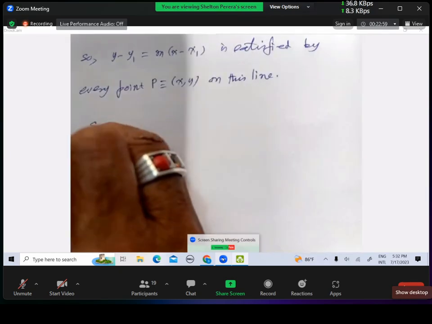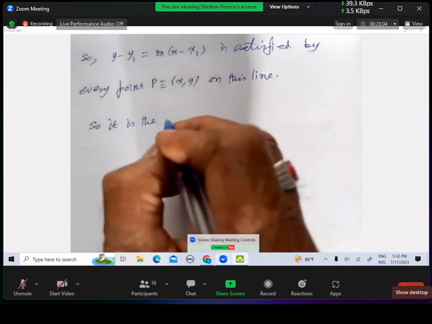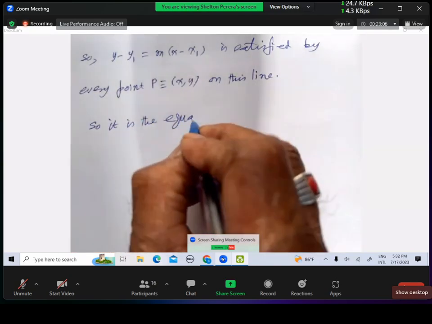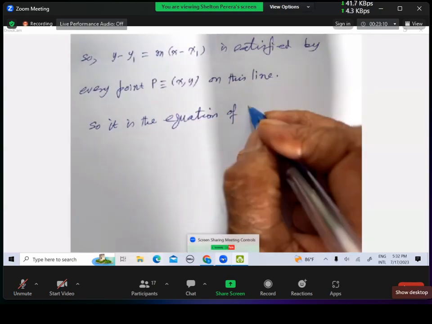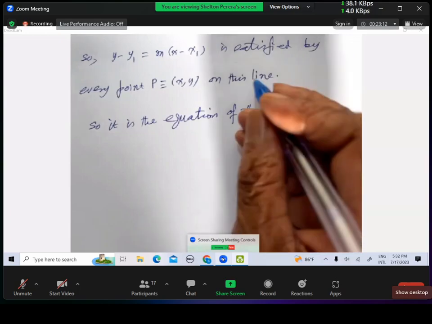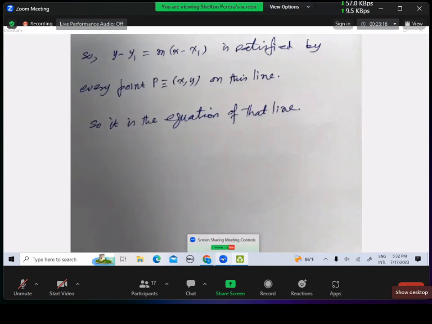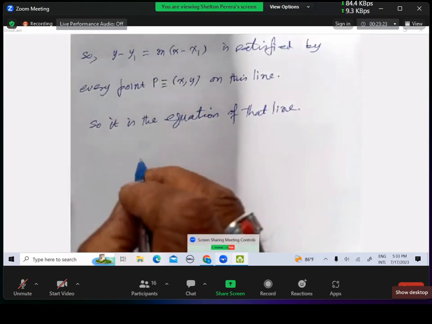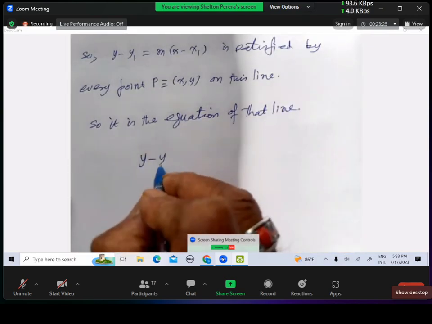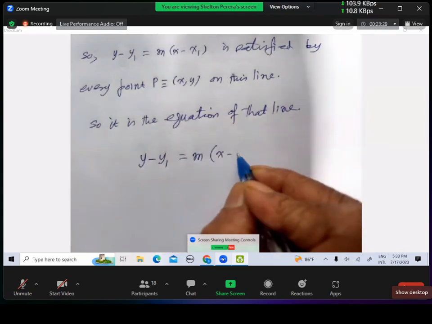The line with slope m and passing through the point with coordinates x1, y1 has the equation: y minus y1 equals m times x minus x1.